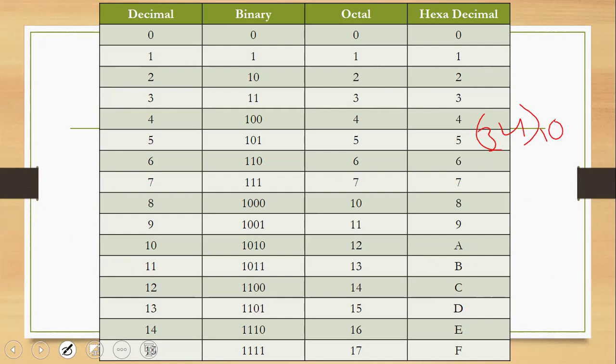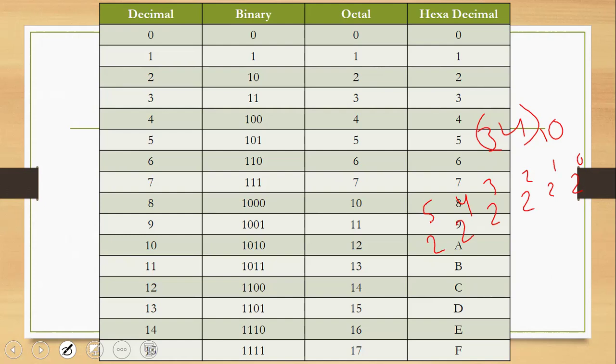Now I want to represent this in the binary number system. The simplest technique first is you can write 2 power 0, 2 power 1, 2 power 2, 2 power 3, 2 power 4, 2 power 5. Why I'm writing this is that each and every digit has its own positional value.